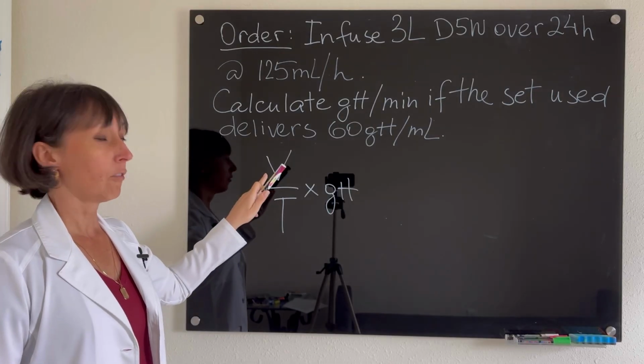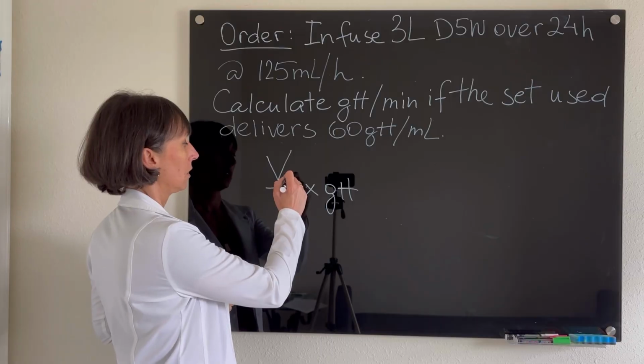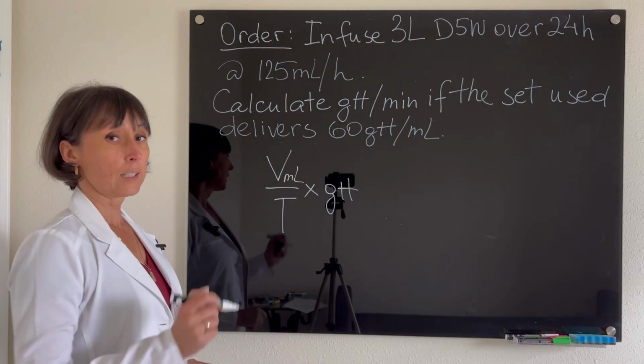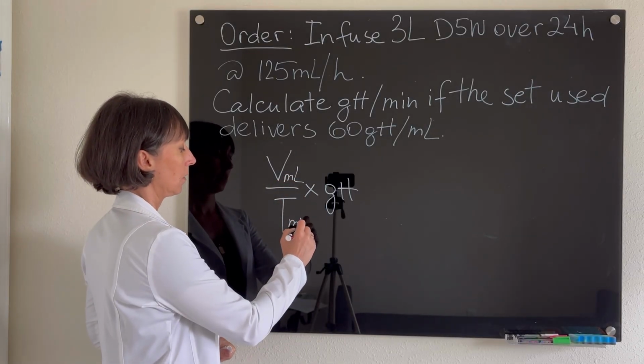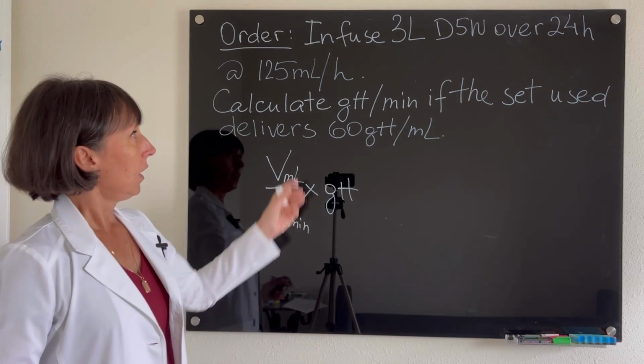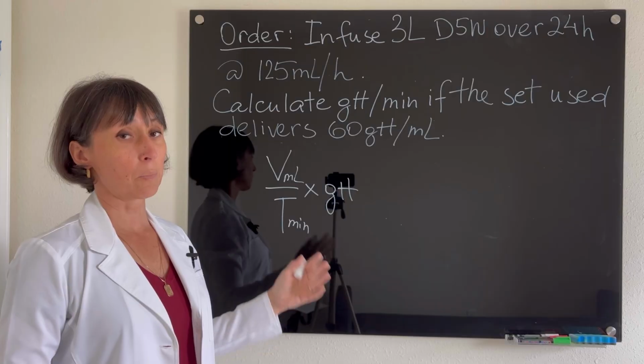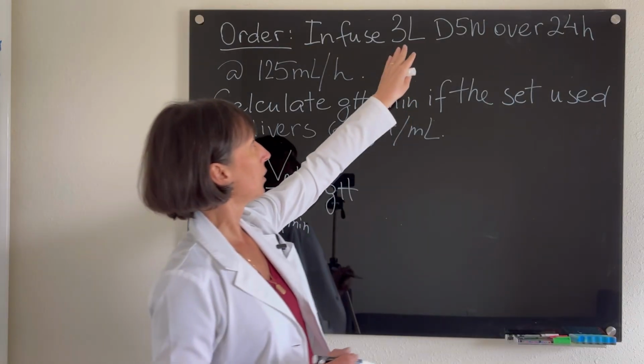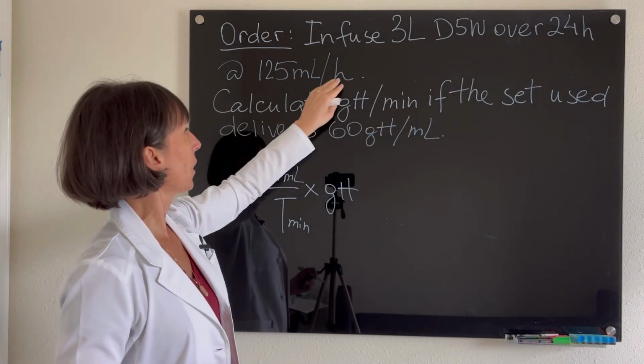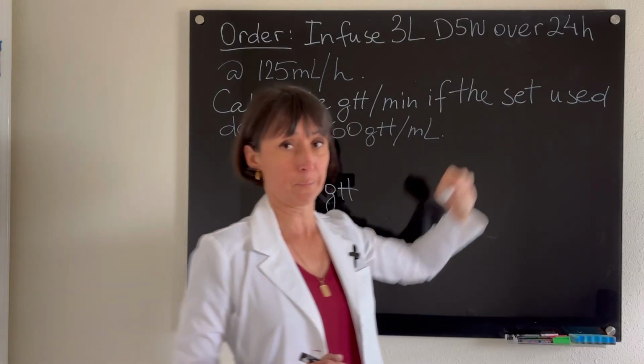Remembering that volume has to be in milliliters. Time has to be in minutes. However, what volume and what time do I use? There's a bunch of them given here. We have this volume, we have this volume, we have this time, and we have this time.